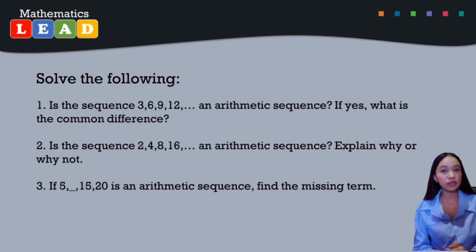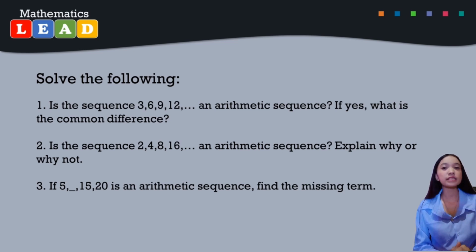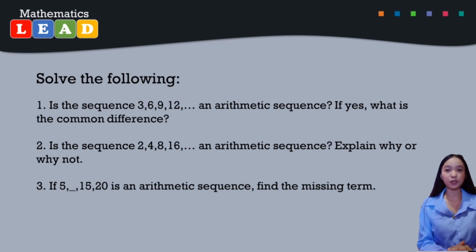If yes, what is the common difference? Number 2, is the sequence 2, 4, 8, 16, and so on an arithmetic sequence? Explain why or why not. And last, if 5, blank, 15, 20 is an arithmetic sequence, find the missing term.